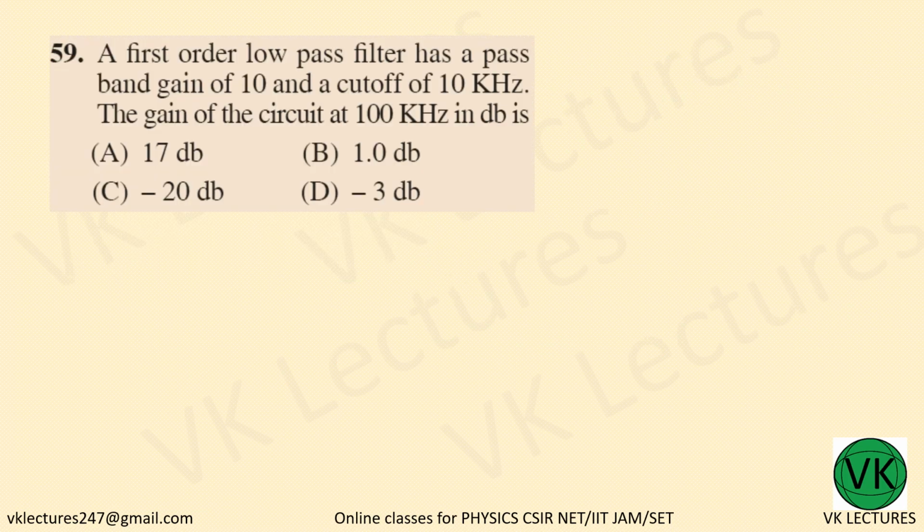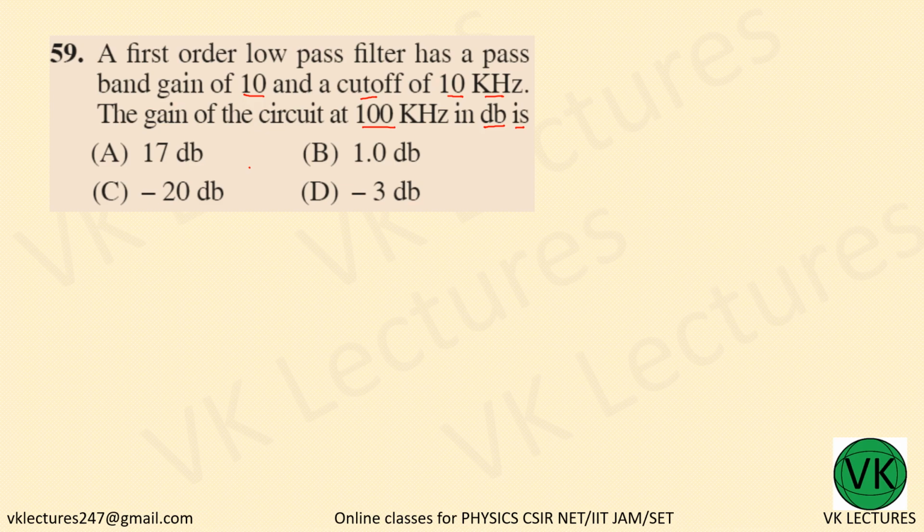Question number 59. The first order low pass filter has a band pass gain of 10 and the cutoff of 10 kilohertz. The gain of the circuit at 100 kilohertz in decibel is given by which of the following options.